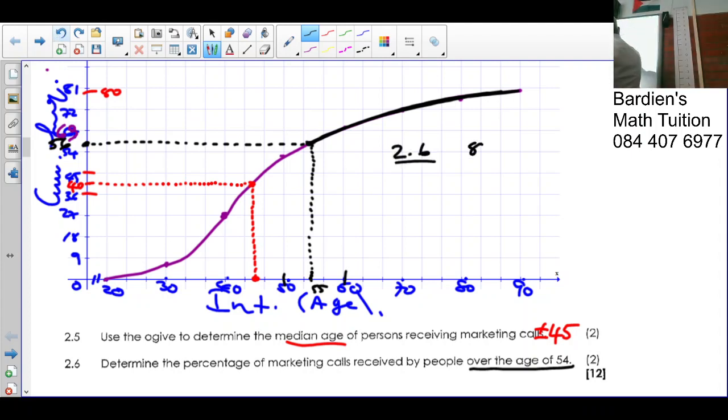It's going to be 80 minus 56, remember that reading up there is 80, divided by how many people are there in total? 80, and we times it by 100. What's 80 minus 56? 24. 24 divided by 80 times 100 is 30%.